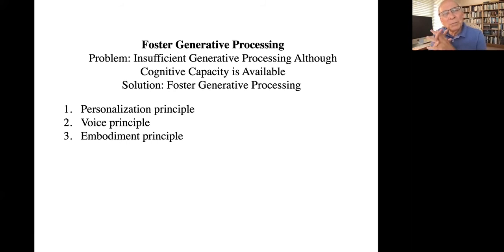How can we get people to process the material more deeply, try and make sense out of it? I want to look at 3 principles that we've investigated and I'm pretty confident of based on our research. So these are all attempts to foster generative processing: personalization, voice, and embodiment.